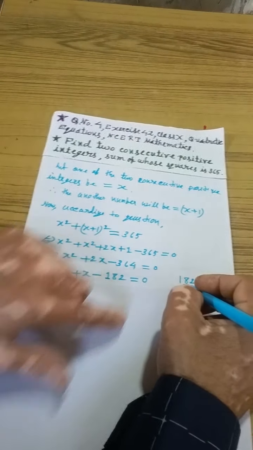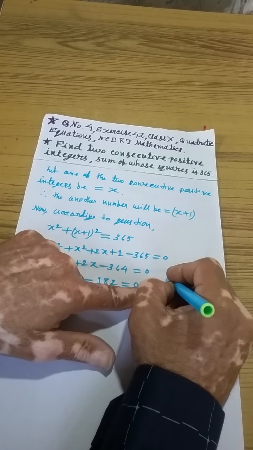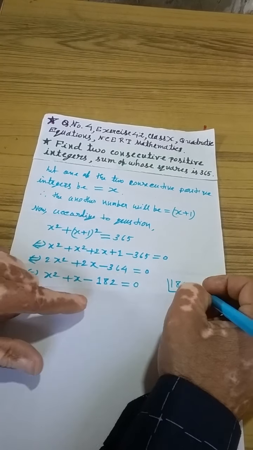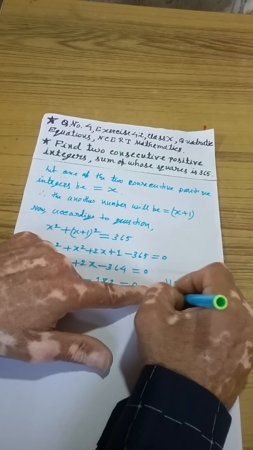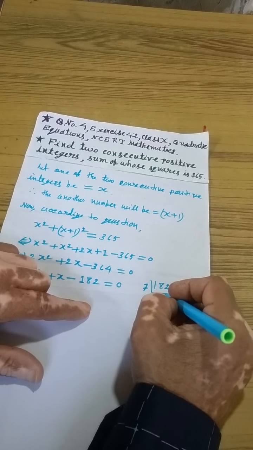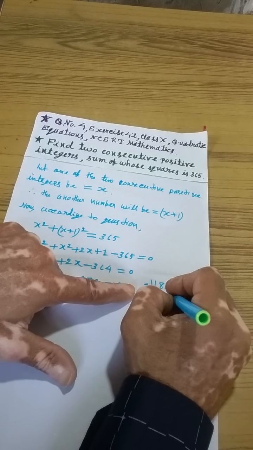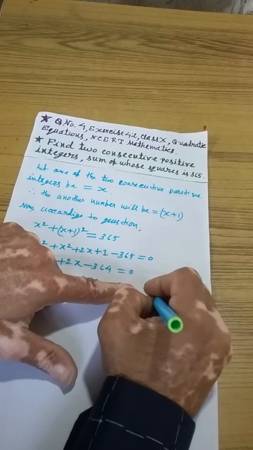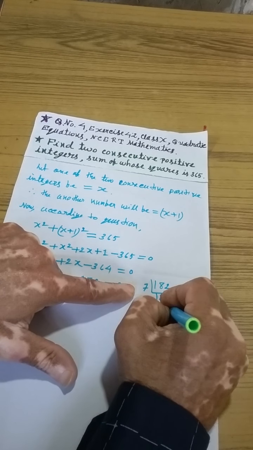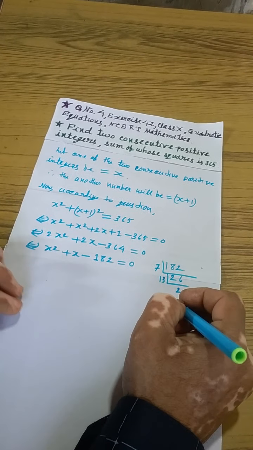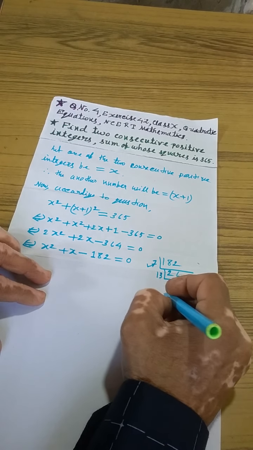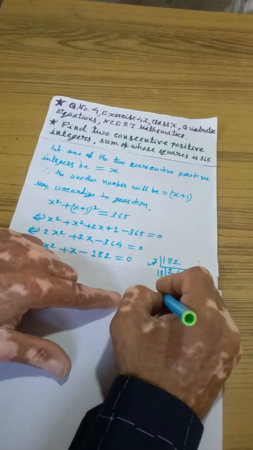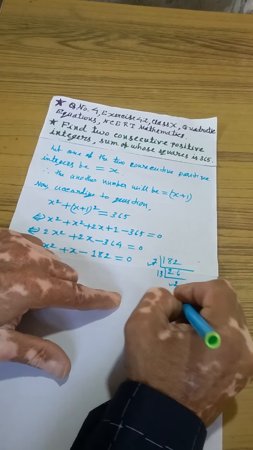Now if we want to get the factors of 182, we will get 7 2s are 14, 7 6s are 42, 13 2s are 26. Now if we consider these two factors and multiply them, we will get the number 14.